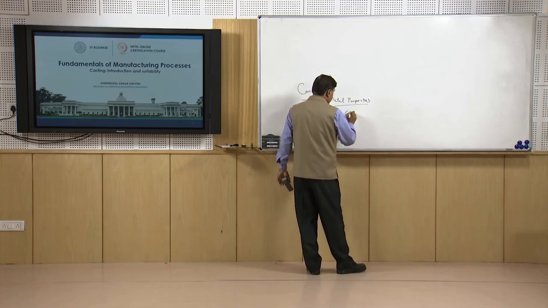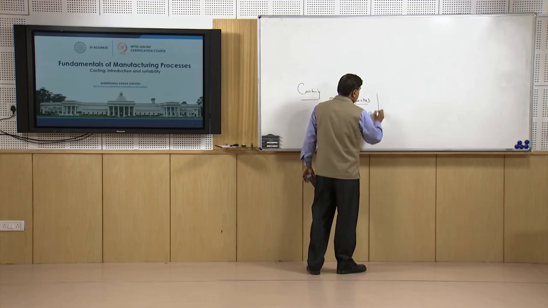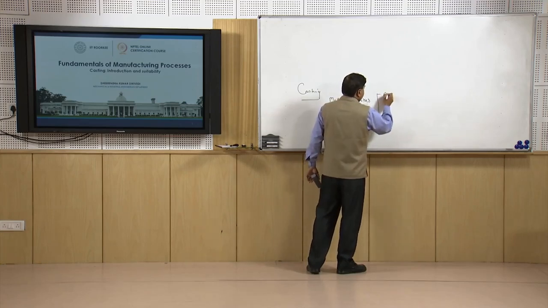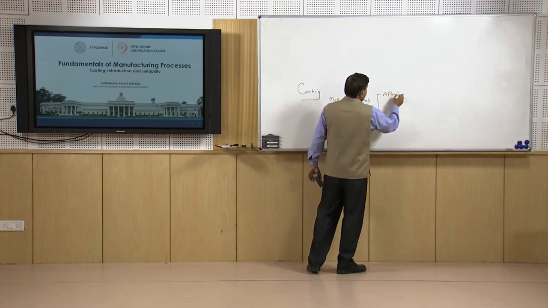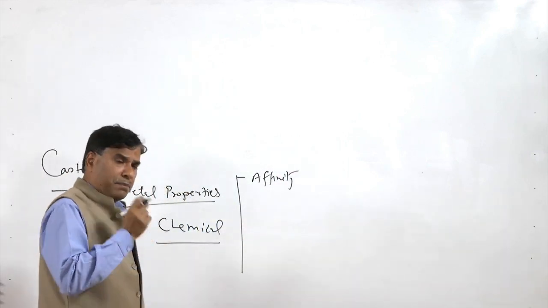Among the chemical properties which are important for casting is affinity. We know that most of the metals become very active at high temperature.